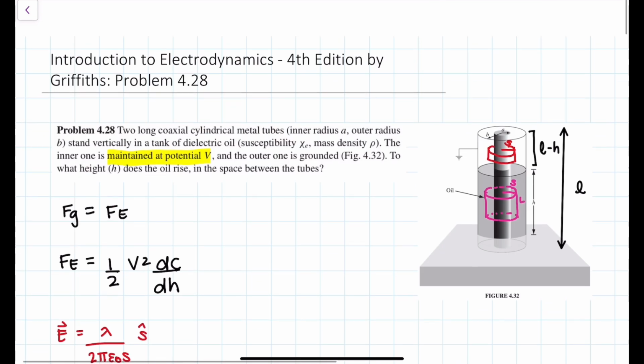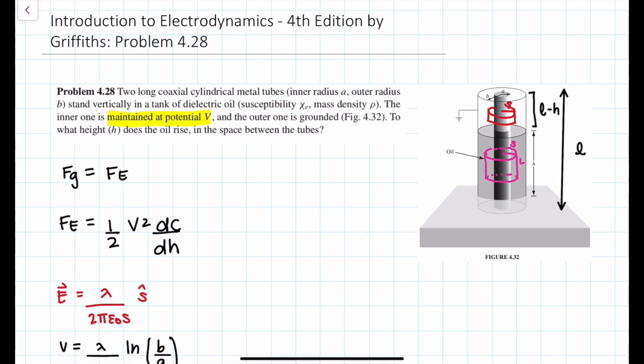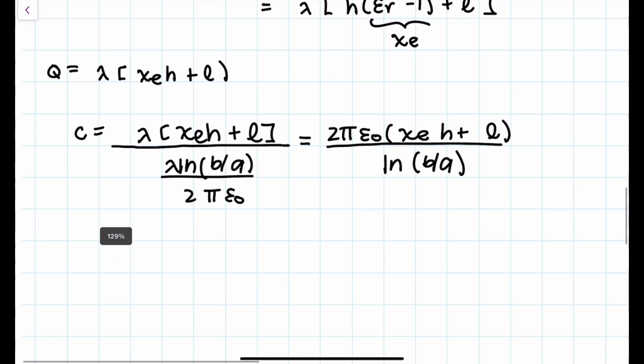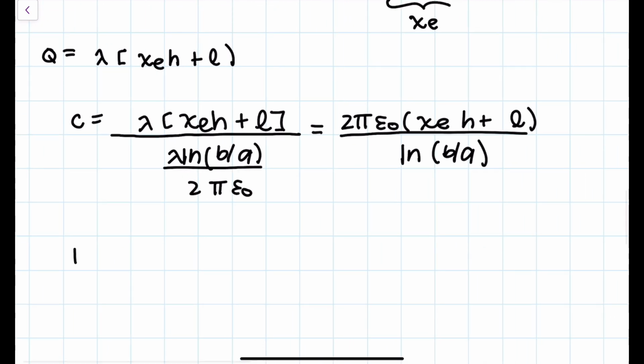Now we go back to the equations we used at first, and we need to take the derivative of the capacitance with respect to h. The electric force is one half V squared times the derivative.